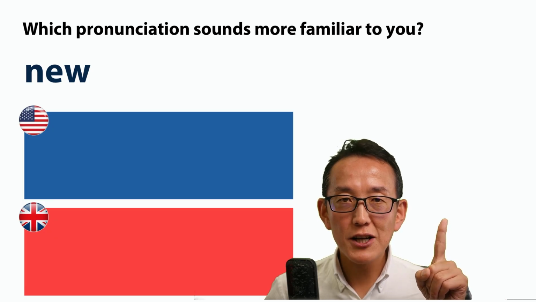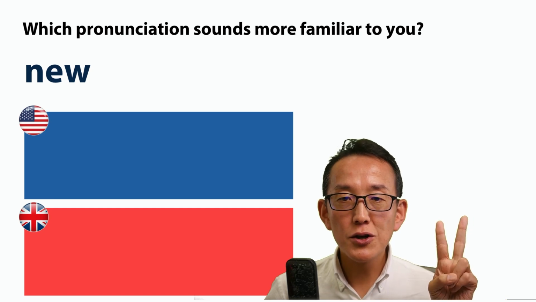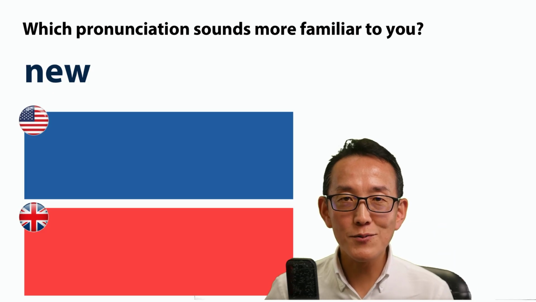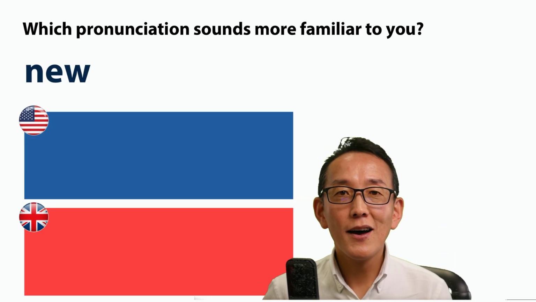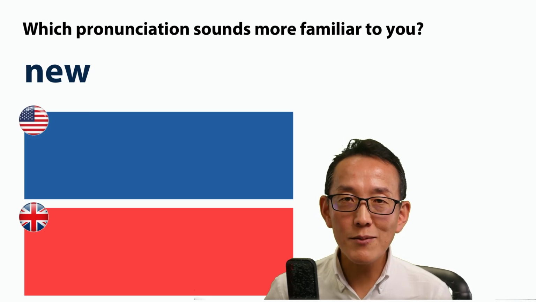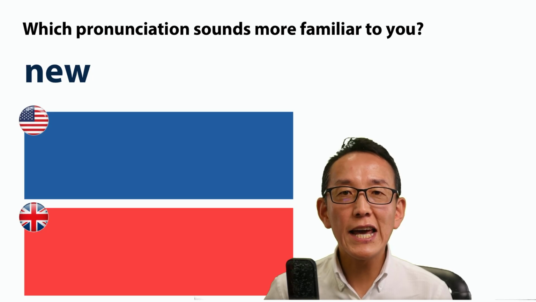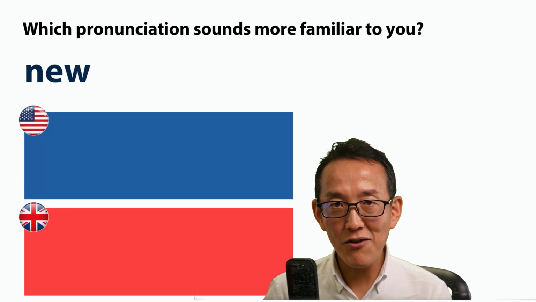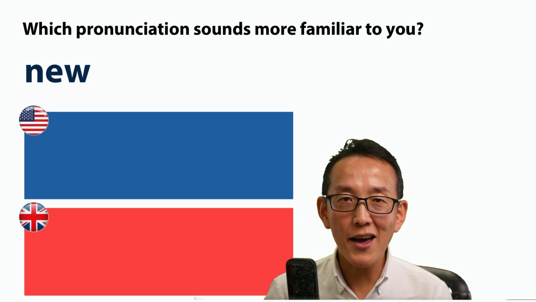Number one, new, new. Yeah, so which one sounds more familiar to you? This time I said the American pronunciation first. So in British English, the pronunciation usually includes a y sound. In American English, however, that sound is not really there. So look at other examples.